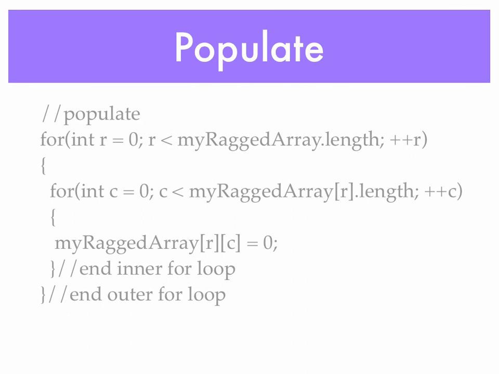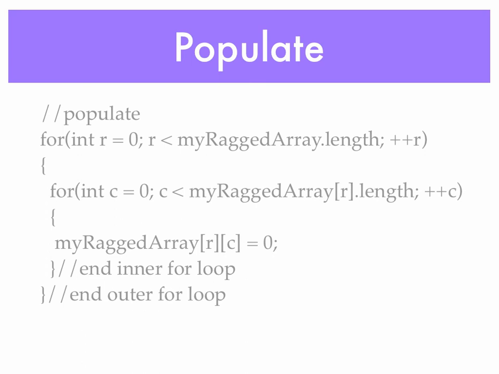Now, if I want to populate a ragged array, I do it the same way I do a non-ragged, because I'm using that attribute length. The outer loop, myRaggedArray.length, that'll be the number of rows. The inner loop, myRaggedArray[R].length, that'll tell me how many elements in each specific row. So I don't have to do anything different.